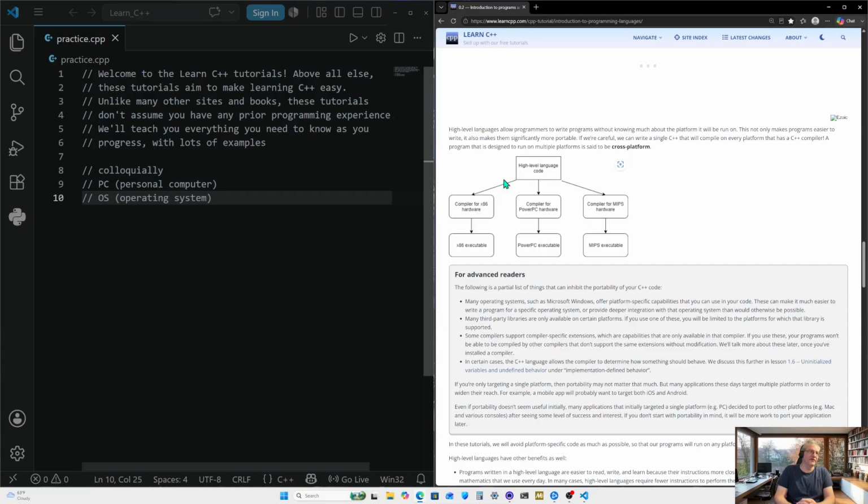So you've got the C++ language, and you've got a compiler for x86, then another compiler for PowerPC hardware, then another compiler for MIPS hardware, which then is turned into an executable file for all three of those. So there's a lot of compiling, a lot of interpreting going on just to make a program when you go to download it and run it.